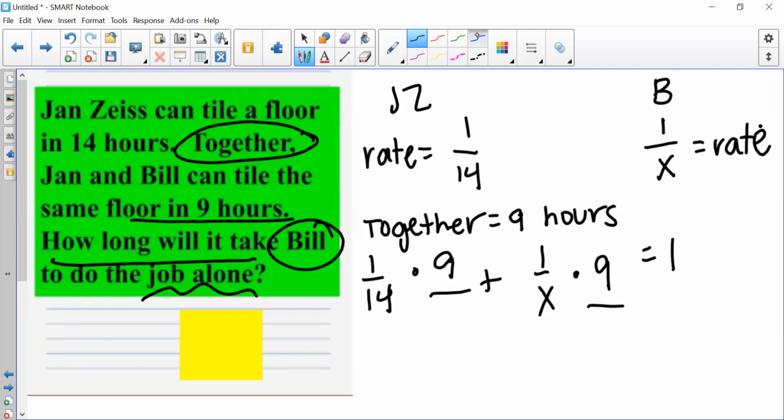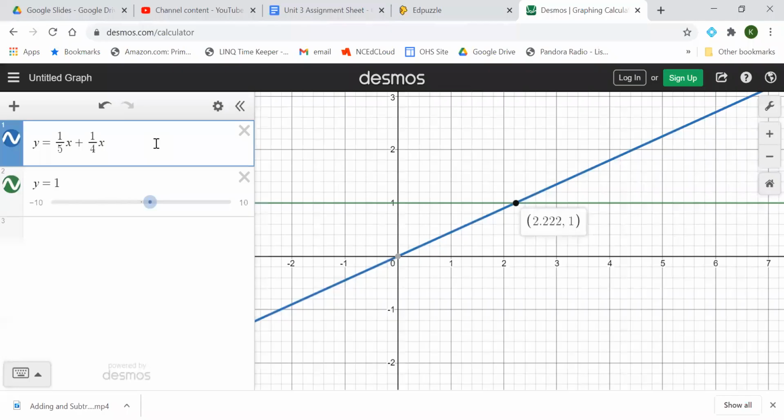So you can still solve by hand if you want, or you can use Desmos. I'm going to just keep using Desmos on this video. So I'm going to go through and type in this left-hand side of the equation in Desmos. All right, so this one's a little different.